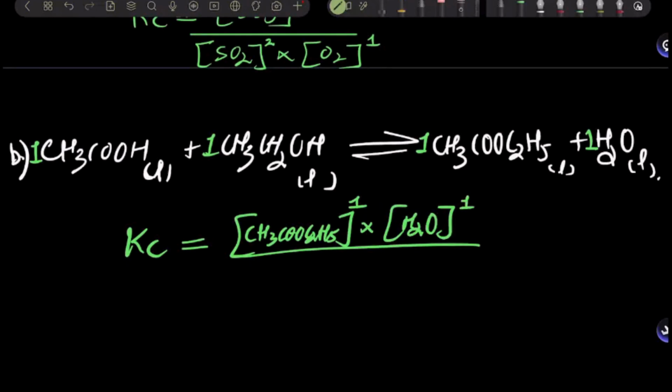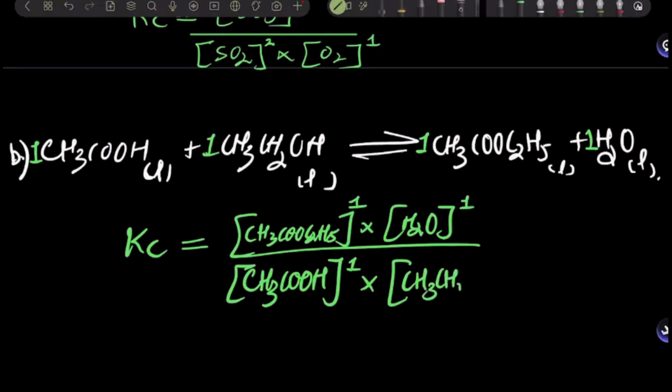On the left-hand side, we have the carboxylic acid CH3COOH to the power 1, into this alcohol CH3CH2OH, and its power will also be 1. This is how you write the equilibrium constant. Is that clear?